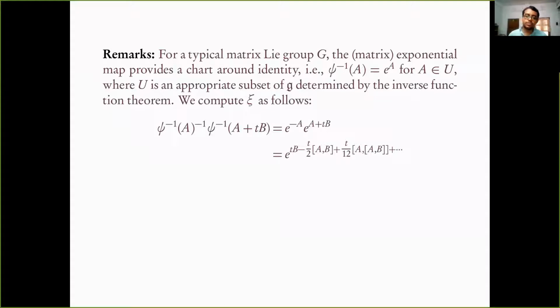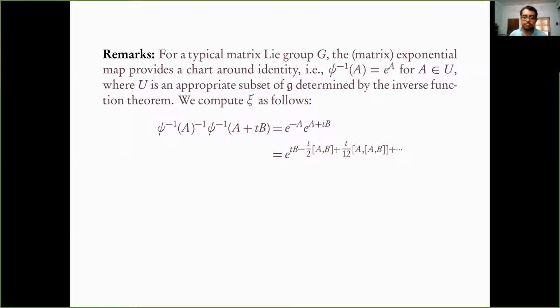So you use what's called the Baker-Campbell-Hausdorff formula. Most of you have heard of it. If you haven't, it's a very useful formula, but more than that, it's important to know how the formula is derived in general. So it's good to read it up on your own, but you use this formula to expand this, and what you get is something of this form.